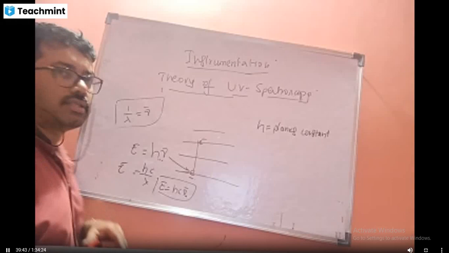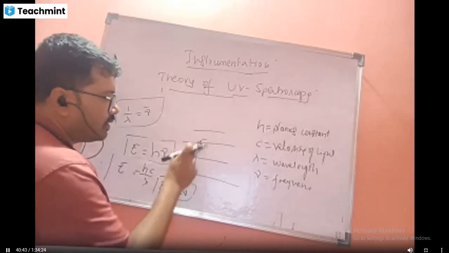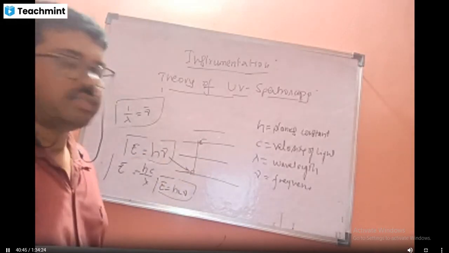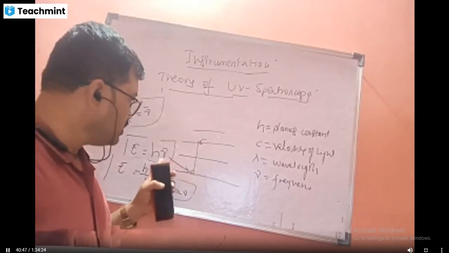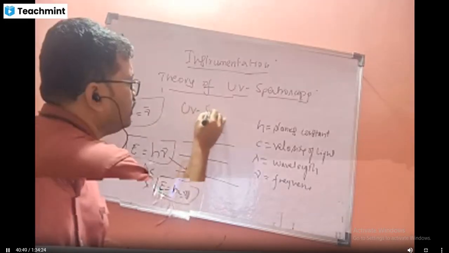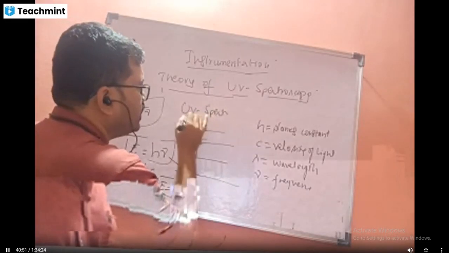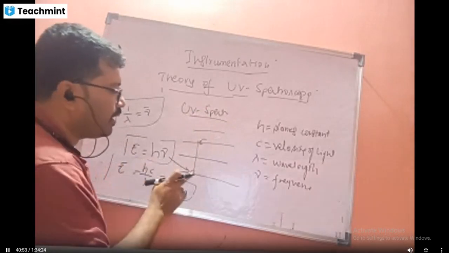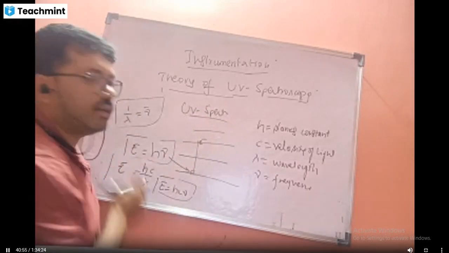Lambda corresponds to the energy from the ground state to the higher energy state. So UV spectroscopy mainly deals with the interaction of light with the electrons of organic molecules.